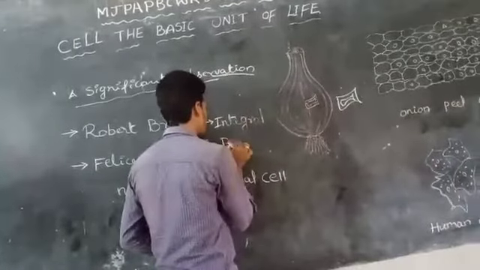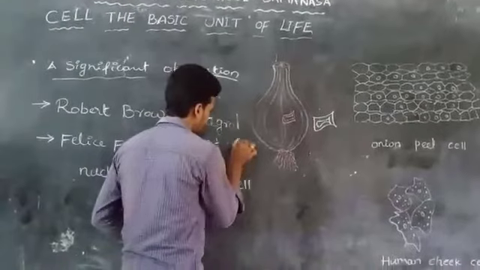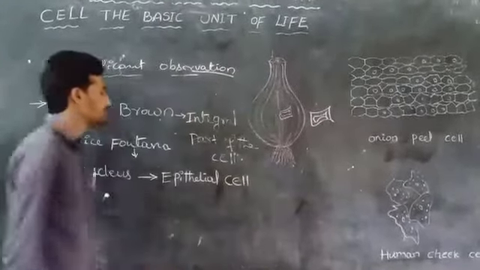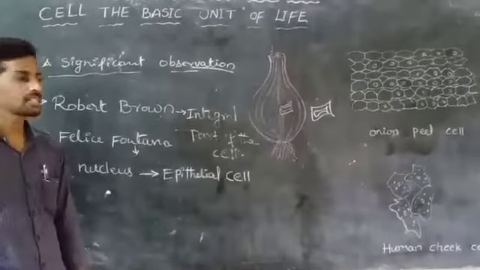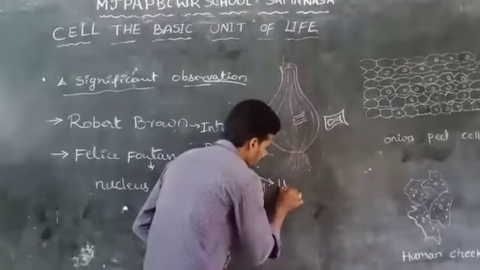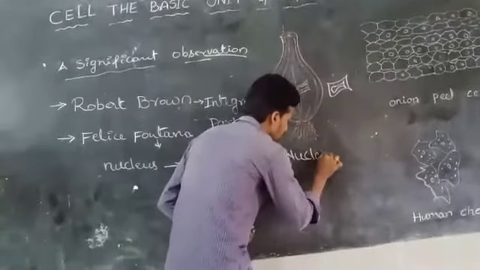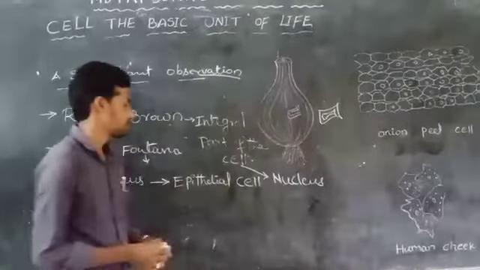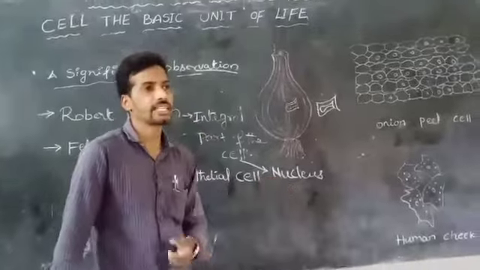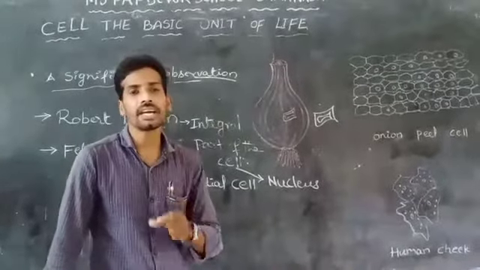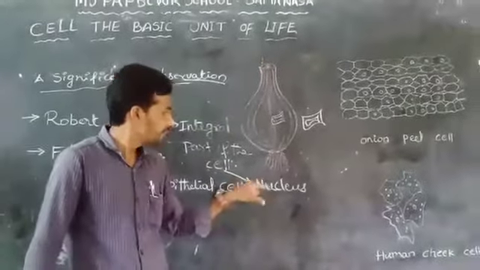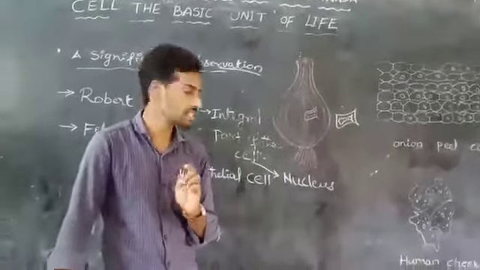Robert Brown named this part the nucleus. The nucleus is a spot-like structure that appears opaque in between the surrounding cells.